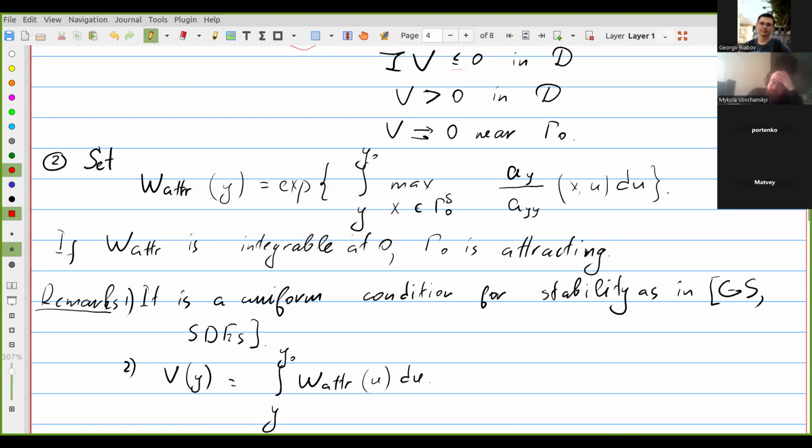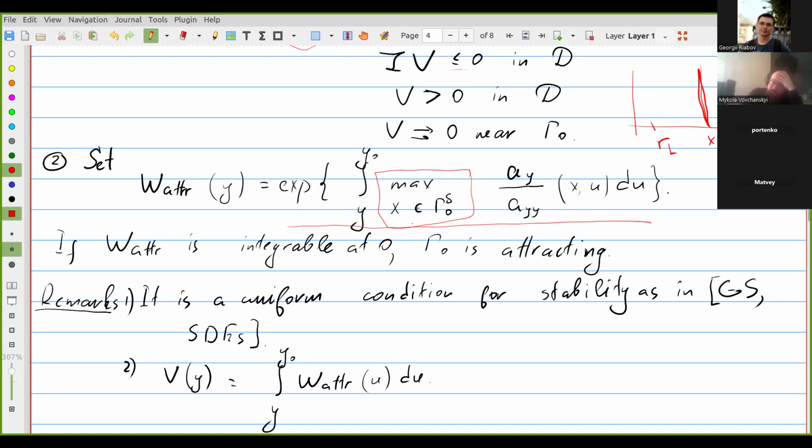You use the same construction, but instead of just taking the behavior for fixed x, so what happens here, you require that something holds in this test uniformly with respect to the whole gamma 0.